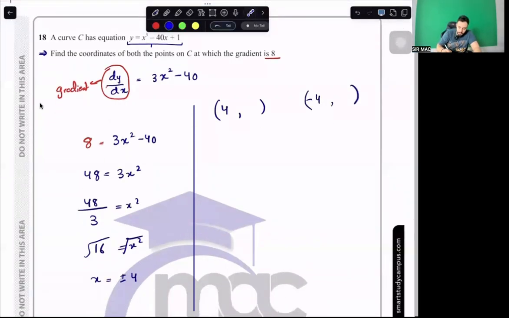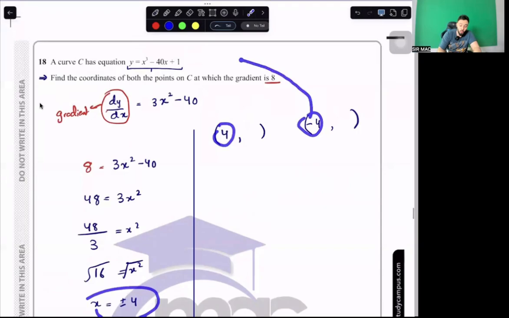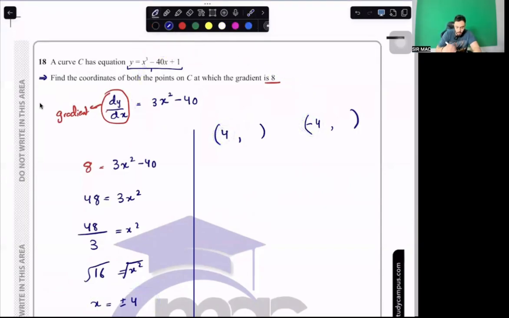After you have found the values of x, you plug both values into the original equation of the curve. So y equals 4 cubed minus 40 times 4 plus 1. Just plug everything into a calculator to get the direct answer.